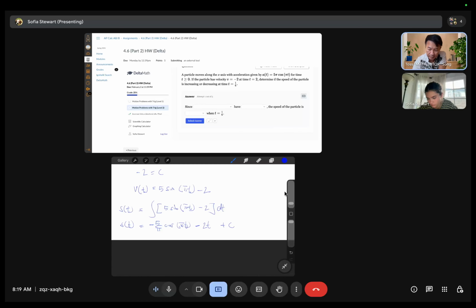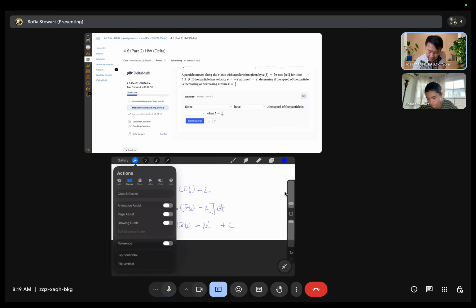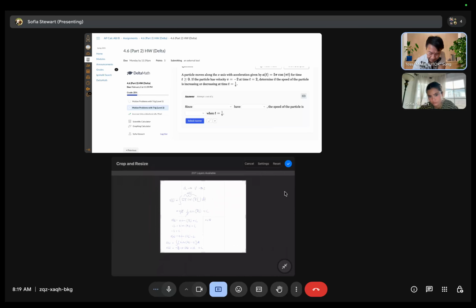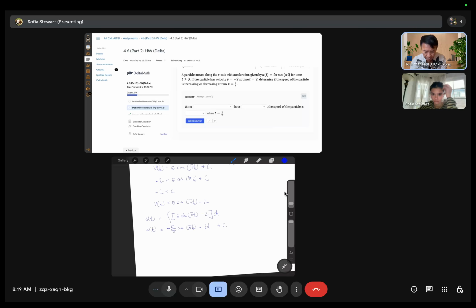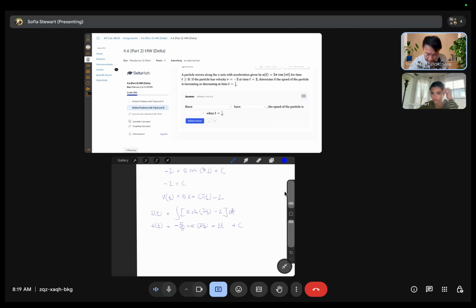You have to solve for c again, the second c. Okay, to solve for the second c, what did they give you? That t is 1/6.